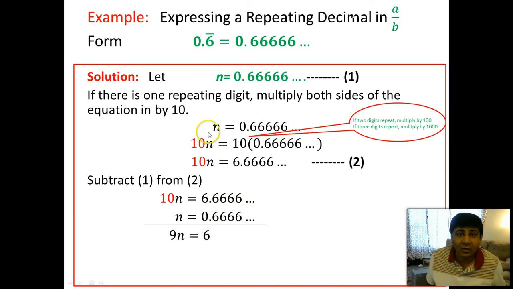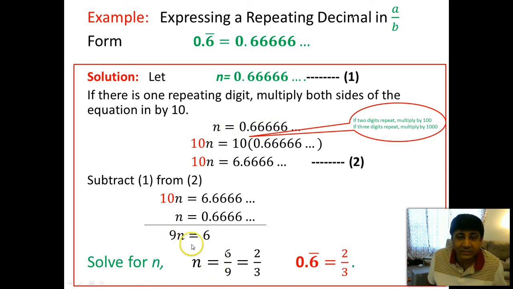Now this is our n, that's what we were looking for. So divide both sides by 9. You will have n is equal to 6 over 9, which we can reduce to lowest terms. It gives us 2 over 3. So the integer ratio representation of 0.66666 is 2 over 3.